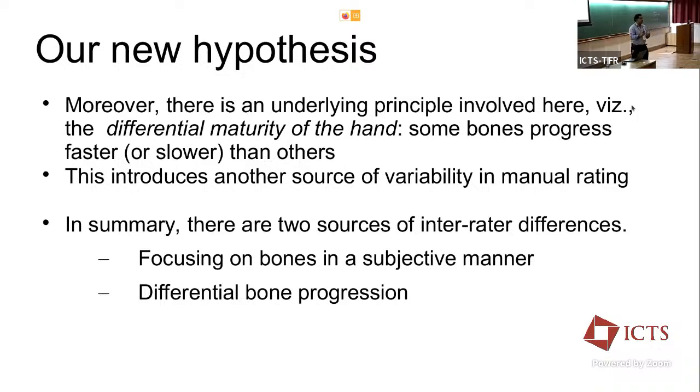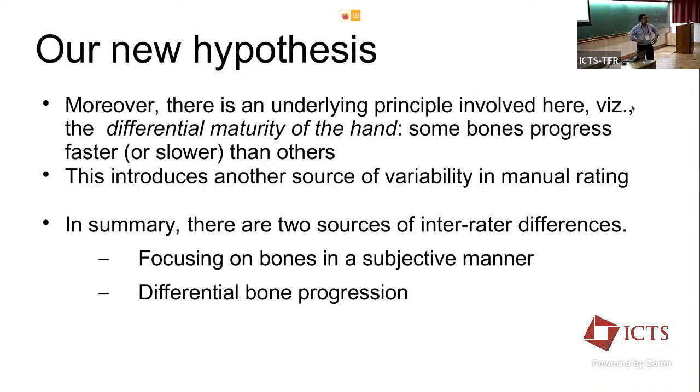There's differential bone progression. This is a well-known idea that the bones don't always progress uniformly in all persons in the same manner. So there might be individual differences in the bones themselves. Okay, those are two sources of rater variability that we can think of.